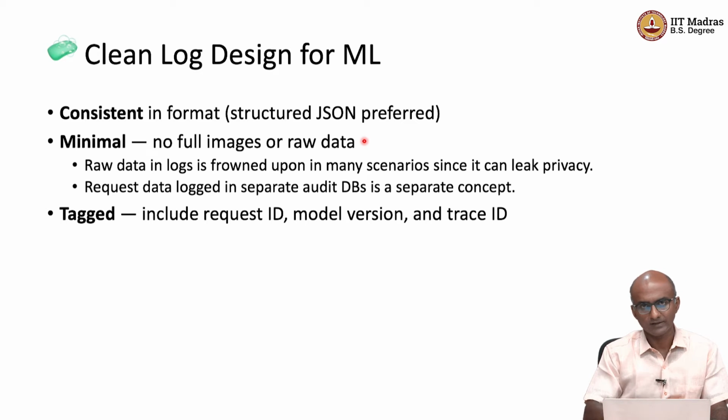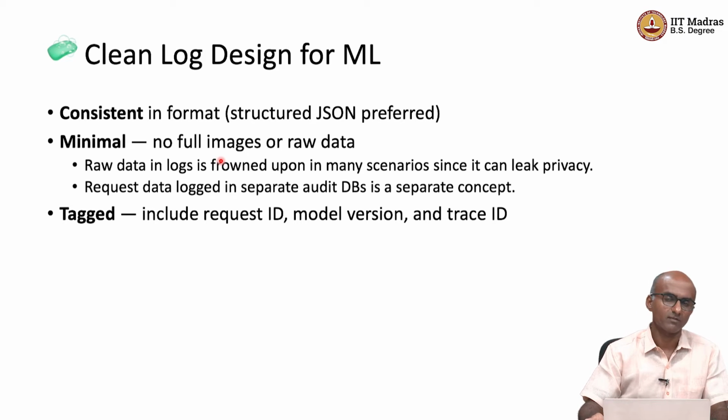Now, there are two gotchas here, right? One is the fact that raw data is anyway going to be frowned upon in many scenarios because it leaks privacy information. So let's say, for instance, you're operating in a regulated environment and the set of production workloads that you see are related to people's KYC information like Aadhaar card, addresses, etc. And the machine learning model is predicting, for instance, whether a person is going to be a fraudulent candidate or not based on this personally identifiable information.